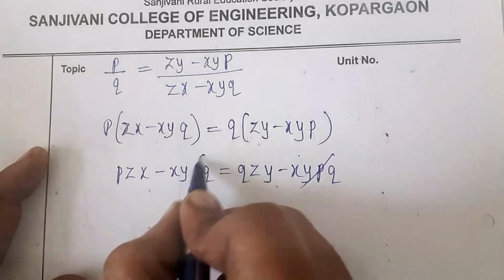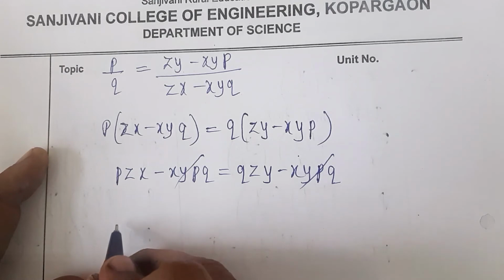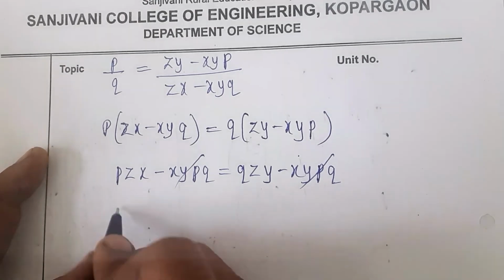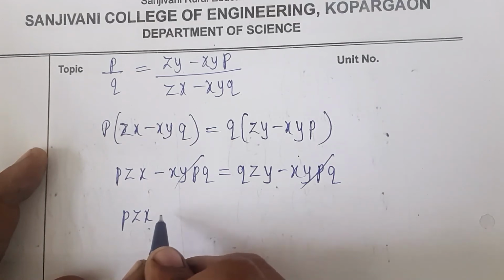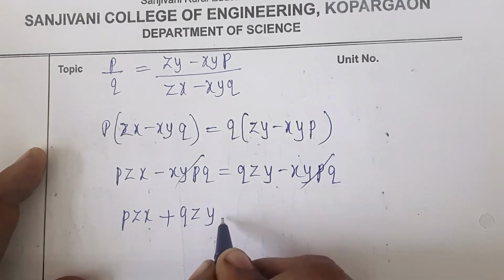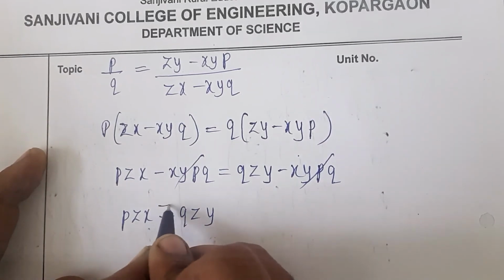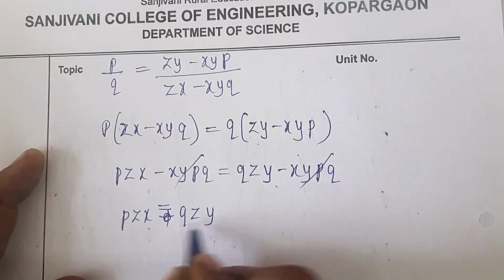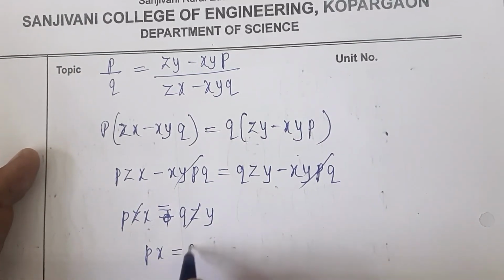So minus xypq gets cancelled from both sides. Remaining is pzx equal to qzy. Now z also will get cancelled. Px is equal to qy.